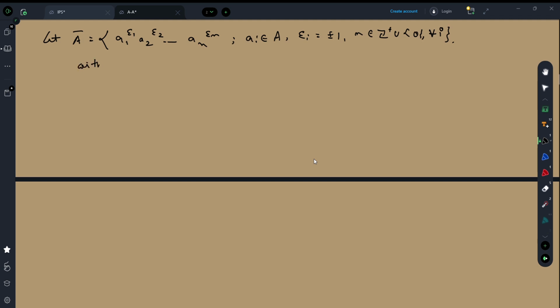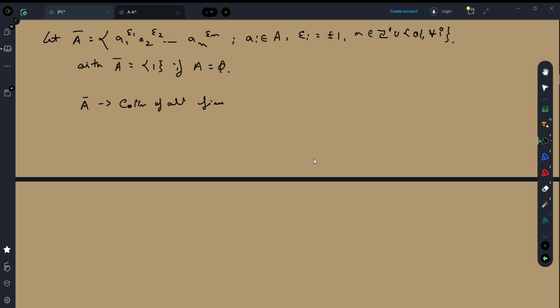Furthermore, one thing we impose is that A bar is {1} if A is empty. So now there is no question to ask whether A is empty or not empty. Clear?